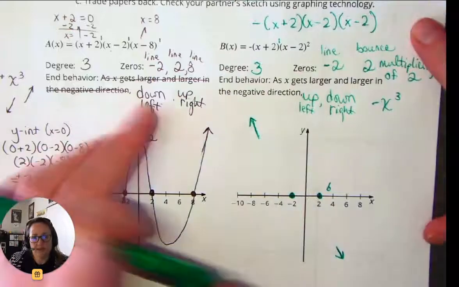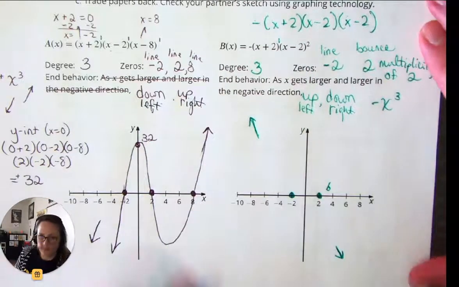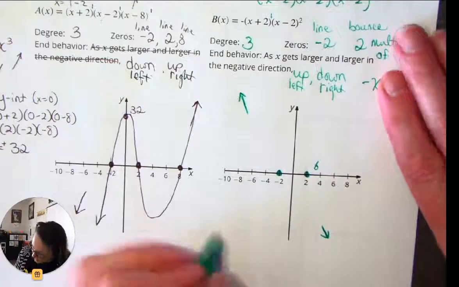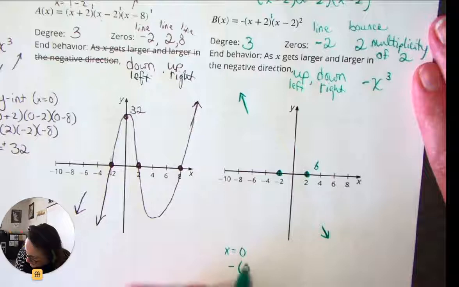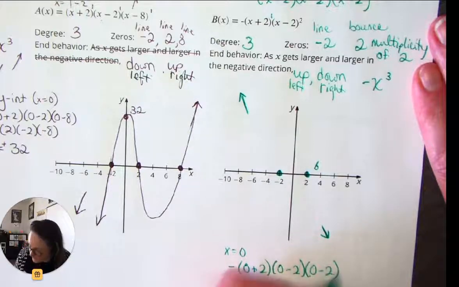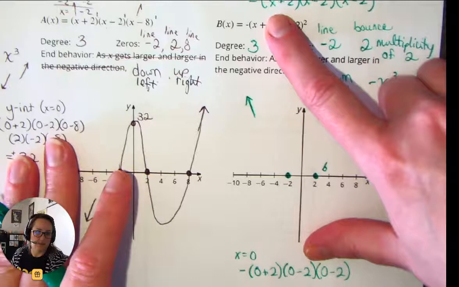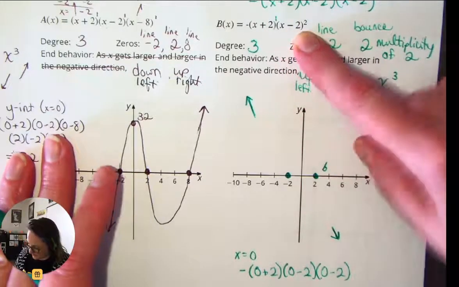And the last thing I want to know is what happens when I put in 0 for x to find that y-intercept. I've got lots of space down below, so I'm going to do this. When x equals 0, I have 0 plus 2, 0 minus 2, 0 minus 2. So I put my x into each one of my factors up here, or I could have put it into this one and then squared it.